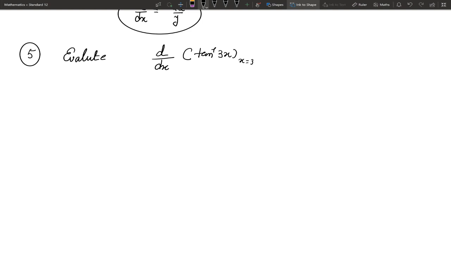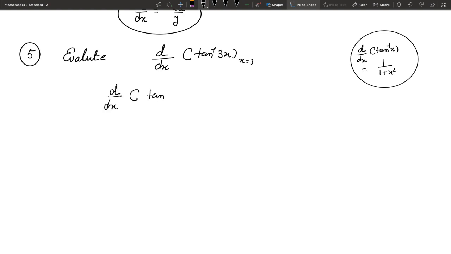So when we differentiate d by dx, first we have to use this formula: d by dx of tan inverse x equal to 1 upon 1 plus x square. So here d by dx of tan inverse 3x, using this formula, 1 upon 1 plus x square, so 9x square.